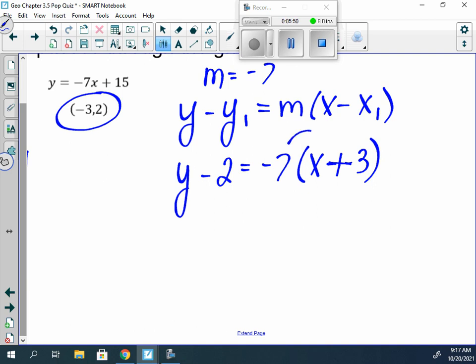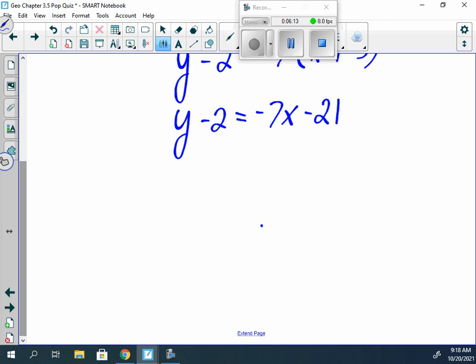What else do we need to do? Distribute the -7. y minus 2 is equal to -7 times x is -7x. -7 times +3 is -21, because a negative times a positive is a negative. 7 times 3 is 21.